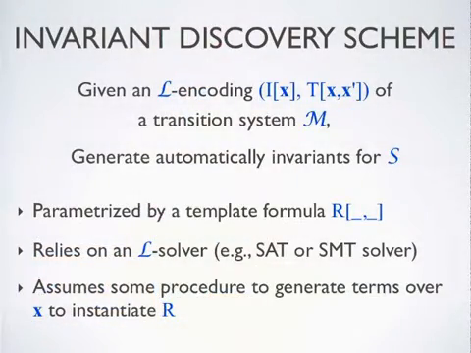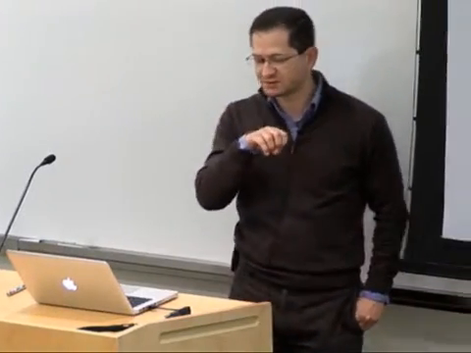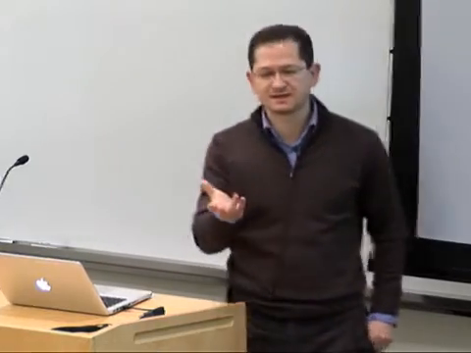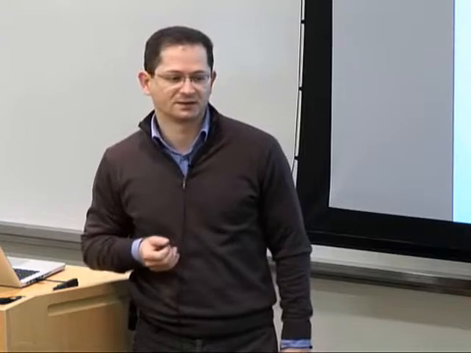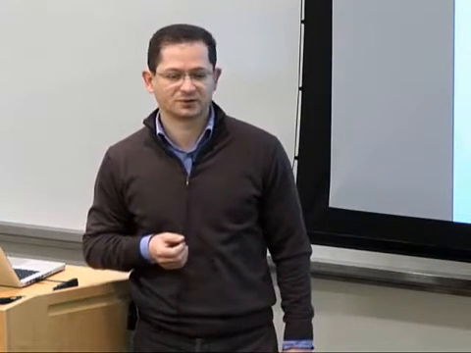So we capitalize again on our technology. So what is our scheme? We have a general invariant discovering scheme that again assumes an encoding of our system in a given logic. And then the scheme is parameterized by a template formula, R, which represents some binary relation over one of the domains of your system, over the types of your system.